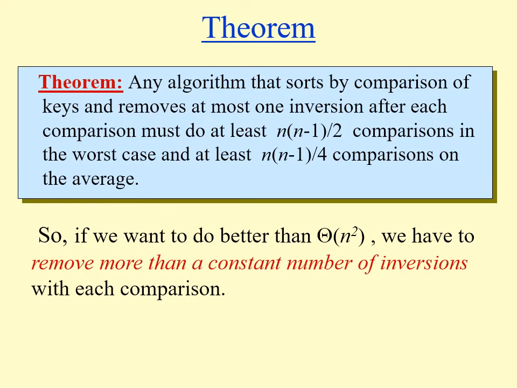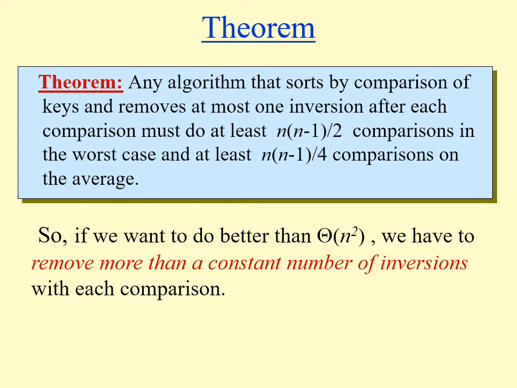Okay, continue with the previous slides. Based on the previous conclusions, we propose a theorem. This theorem is doing like this. Let's read it. Any algorithm that sorts by comparison of keys, means the comparison based sorting, correct?